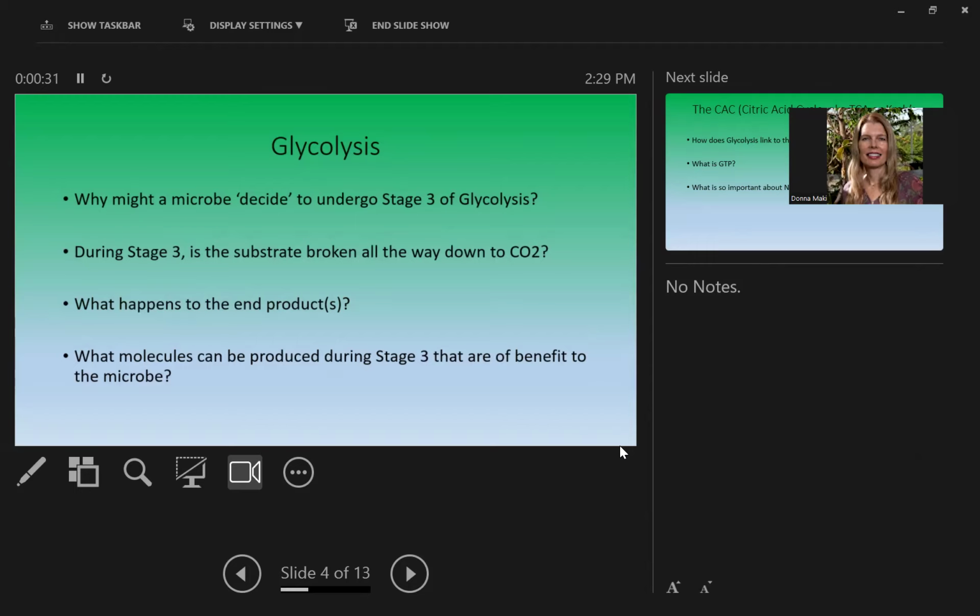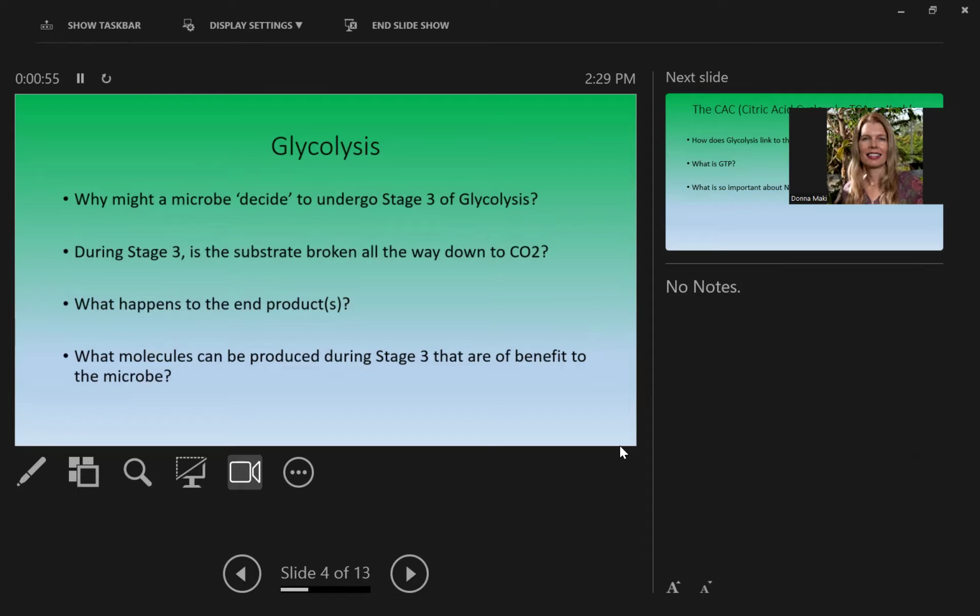We have learned that when there's no oxygen in the environment, yes, you can do fermentation, but there's actually a slightly, well, actually quite a bit better option. There is another option we've talked about where the microbe will forego stage 3 and do another process.